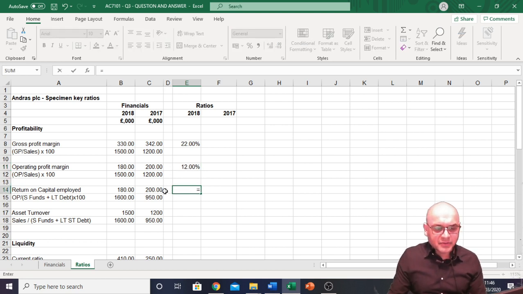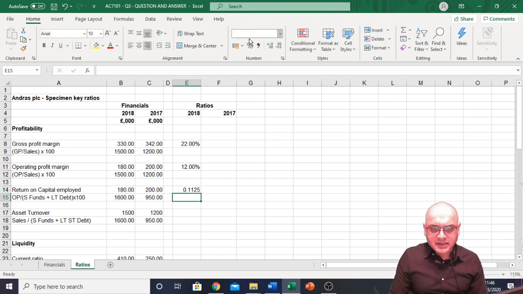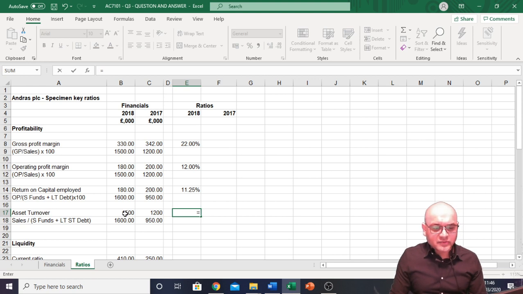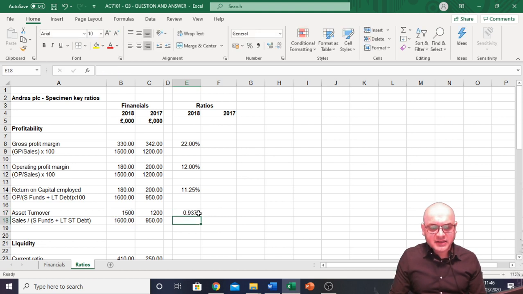Return on capital employed, keep doing it. That's in percentage, increase decimal. Asset turnover is not in percentage, it's in times, so we'll do that divided by that, and that's it.